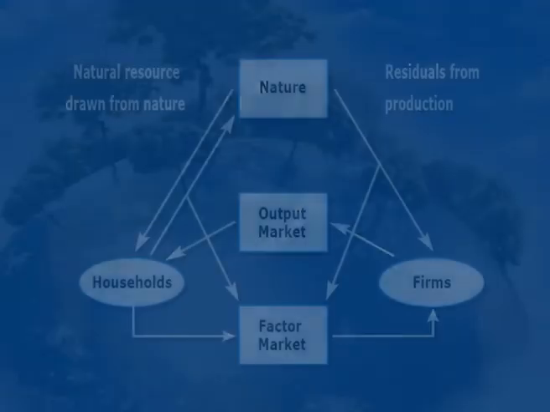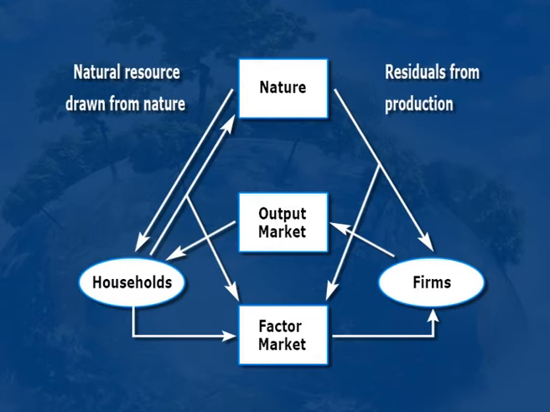More precisely, it shows the larger picture of the connections between economic decision making and the natural environment. The figure represented here shows how the circular flow diagram is connected with nature. The firms and households produce and consume by making use of natural resources and release residuals, which is nothing but the waste and the byproduct, which affect the environment.